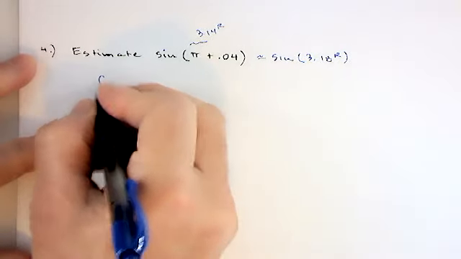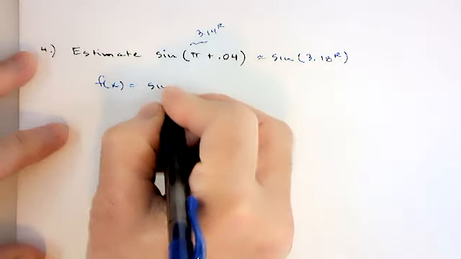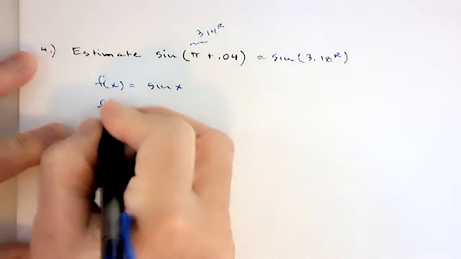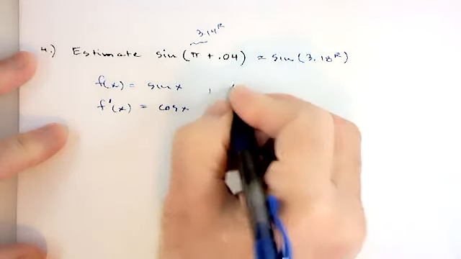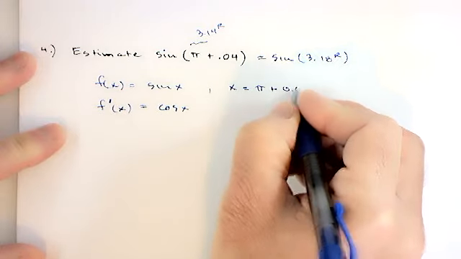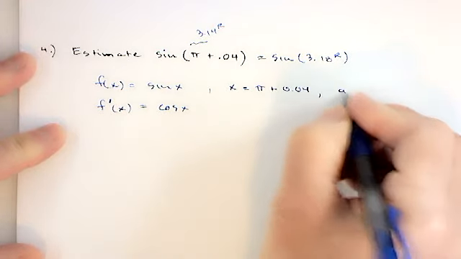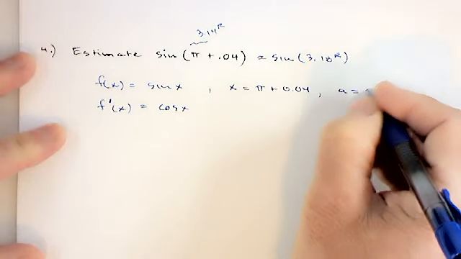So what's our function? If we're trying to estimate the sine of something, we're going to be using sine of x, which we might as well get the derivative of. Our x value is going to be pi plus 0.04. And our a value, our nice number, is just a little bit bigger than pi, so let's just use pi.